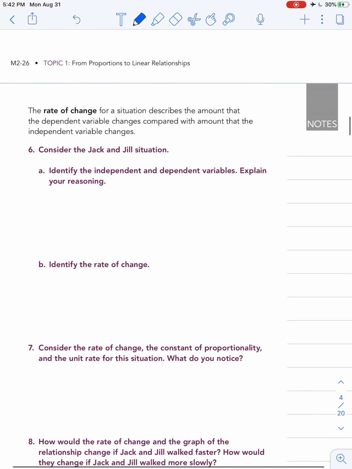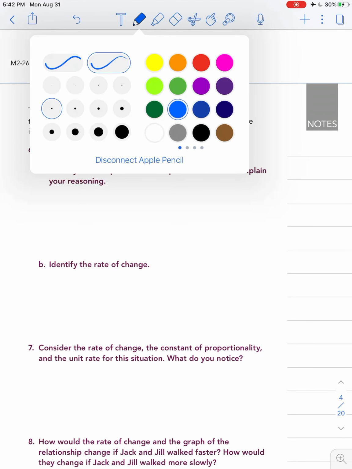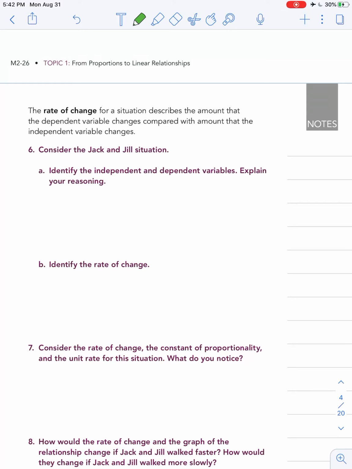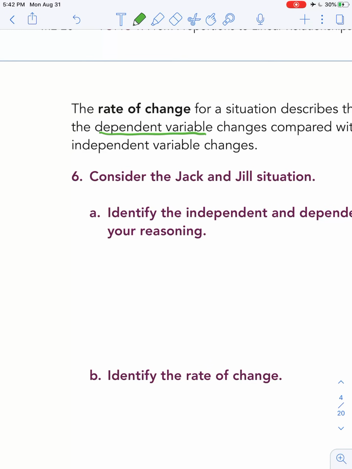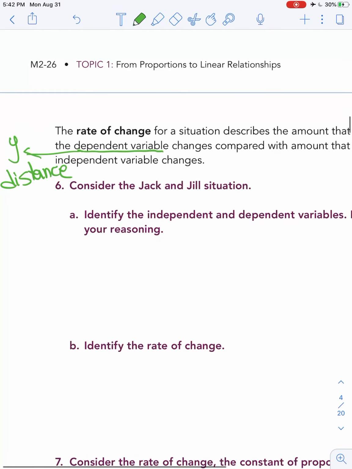Skipping that one, we're going to come to here. Rate of change. So we're talking about the rate of change. It describes the amount the dependent variable, so the dependent variable is your y, and in this instance, our y was distance, changing compared with the amount of the independent variable, and that's your x, and this time around we're talking about time.